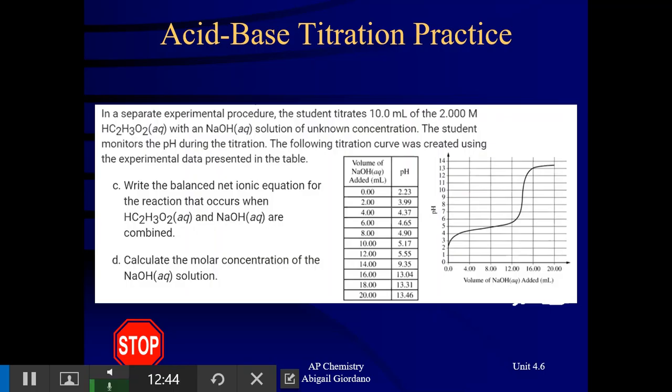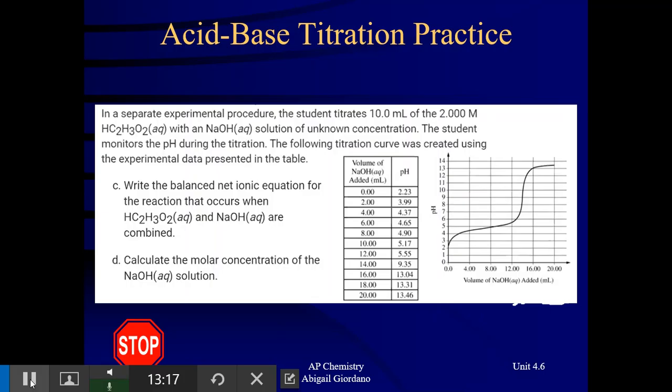First thing it says to do is to write the balanced net ionic equation between those two reactants, and then to calculate the molar concentration, the molarity of NaOH. Okay, you're going to need to look at that graph. That's going to give you some information that you will need to calculate that second part. So see if you can do it, pause the video, see how you do.